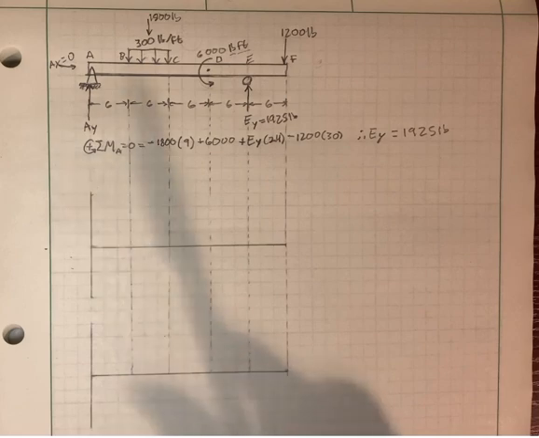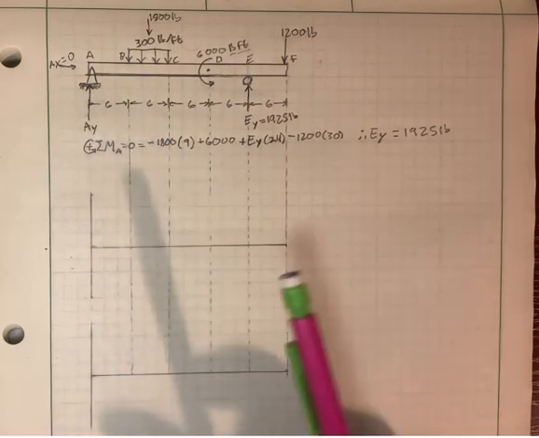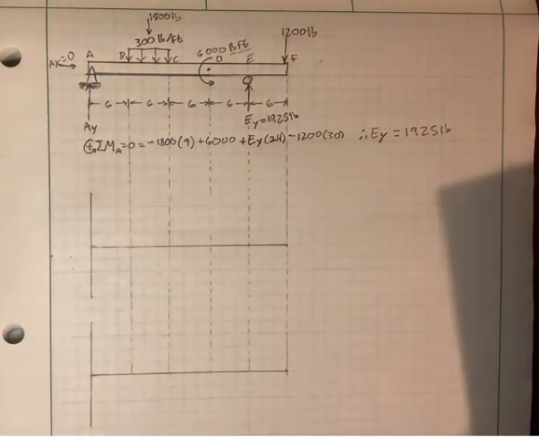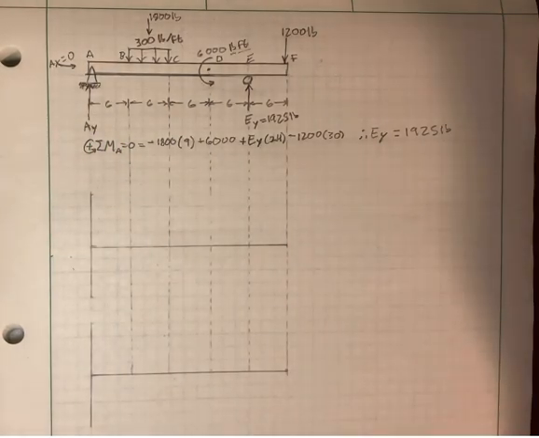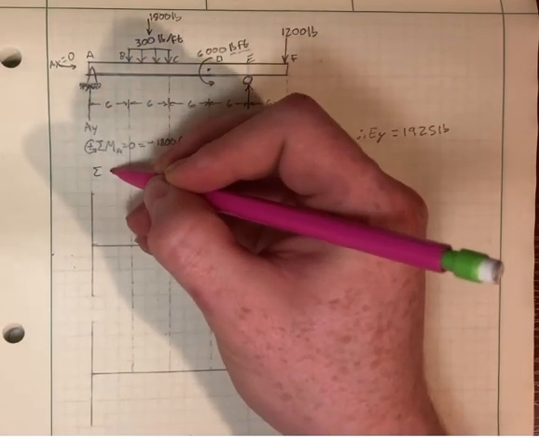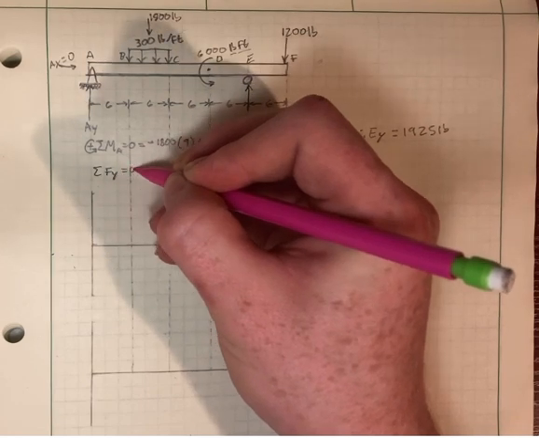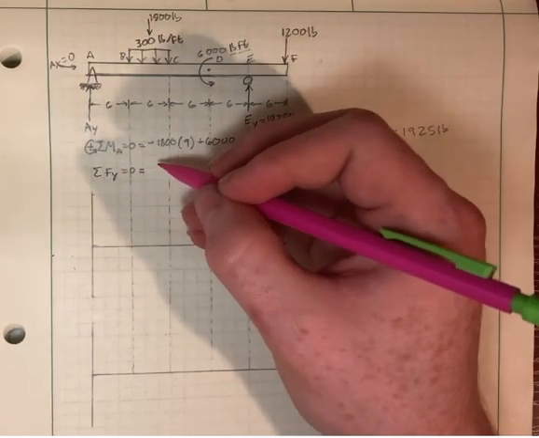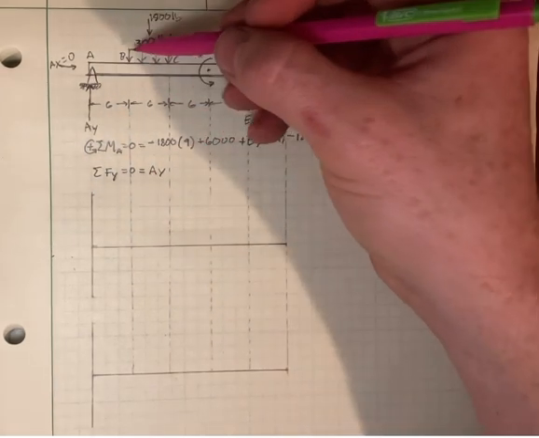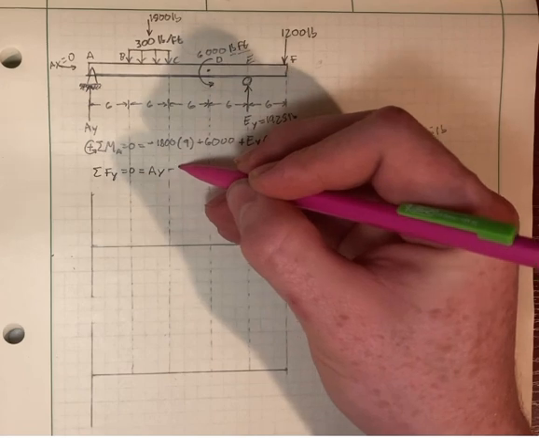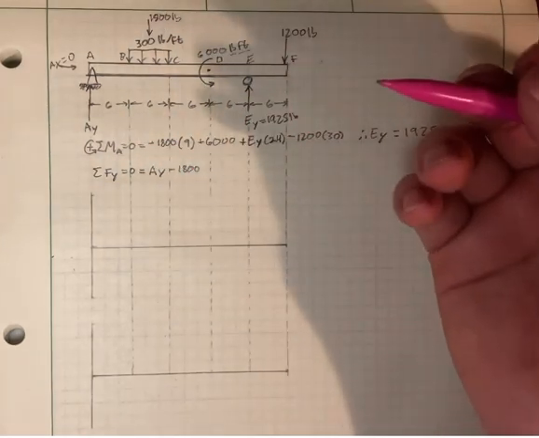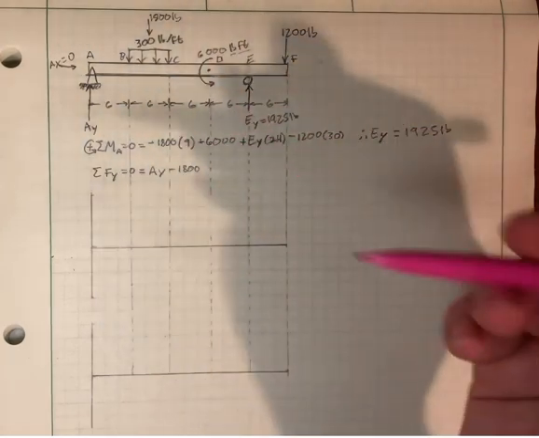Okay. Now we can sum the forces, because we have all the forces except for one, right? So we can set up an equation, one variable, go ahead and solve for it. So let's go. Sum the forces in the y, set that equal to 0, equals positive AY, because it's pointing up, and then a negative 1800, and we don't have to worry about distances because forces are just pounds, not pound feet.